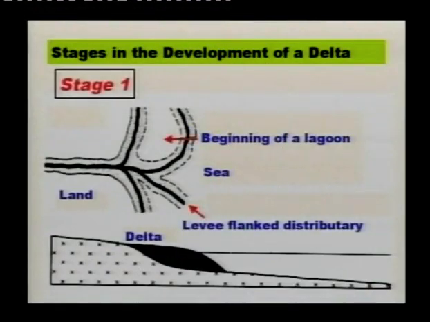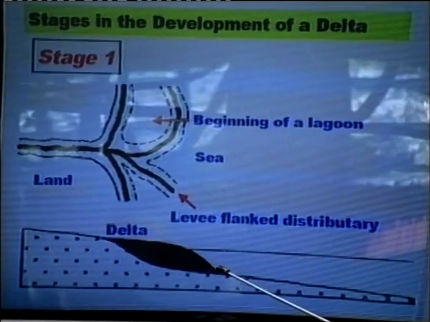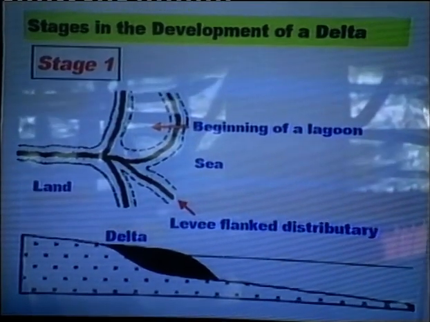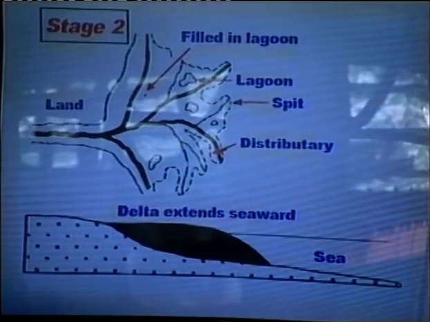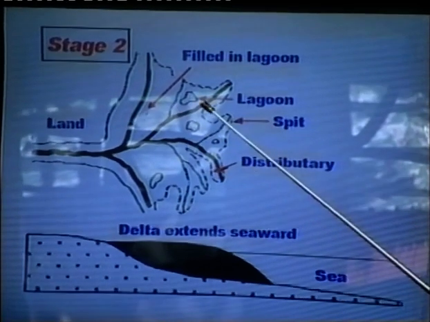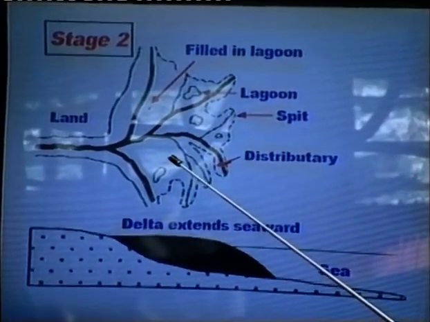Stage 1, the river flowing out to the sea itself, the beginning of a lagoon being created. You have the distributaries as shown by the black lines of the drawing, a cross-sectional view of this feature here. Stage 2, you can note now all those sections or areas between the distributaries get to be filled in.